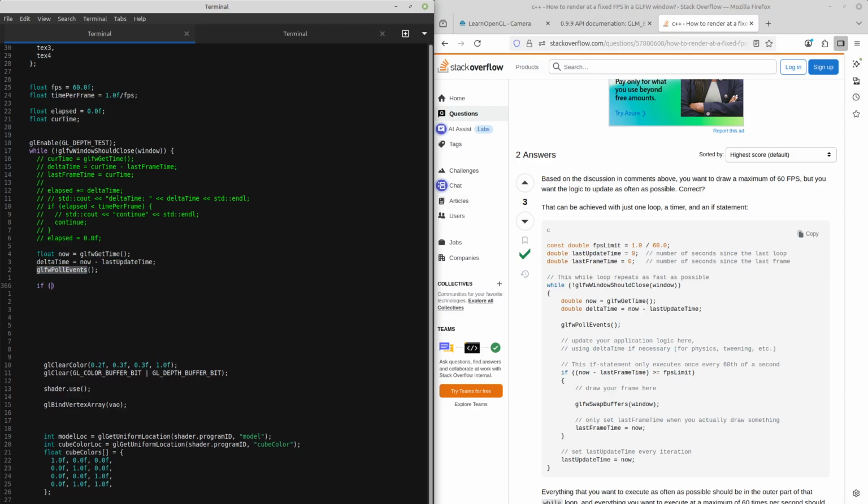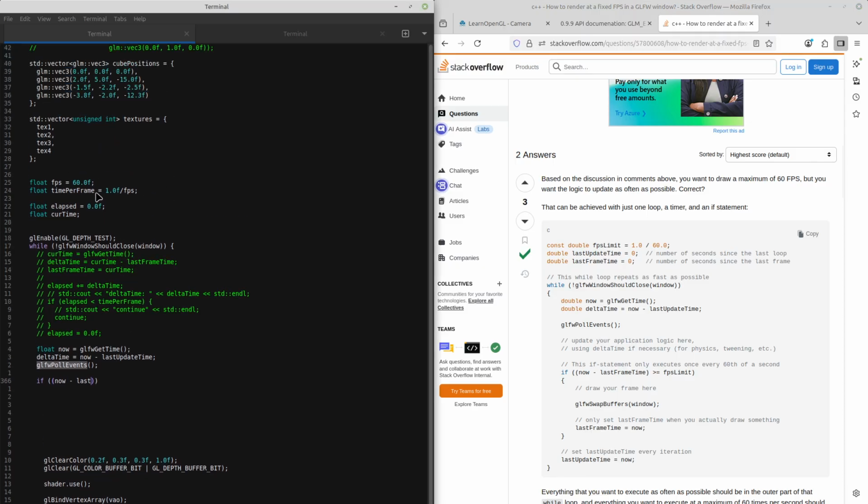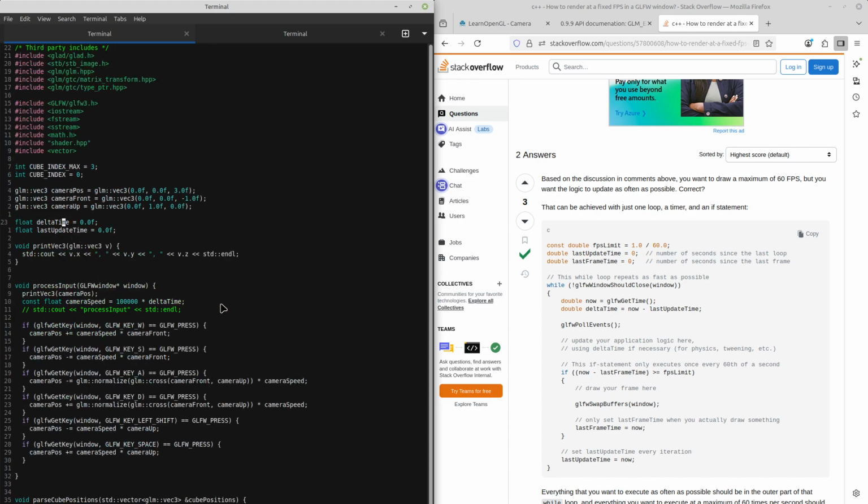Okay. If now minus last. Wait, do they have? Oh, they have both. Number of seconds since the last loop. Oh, they have both. Okay, interesting. Let's just do it all global and we can figure that out from there. Time, number of seconds since last loop.